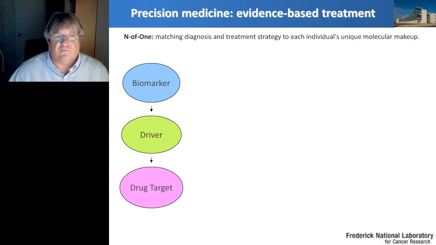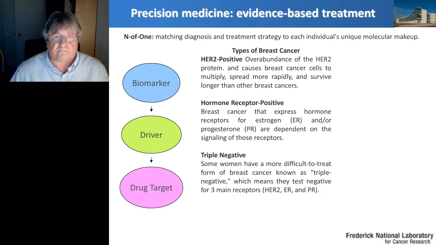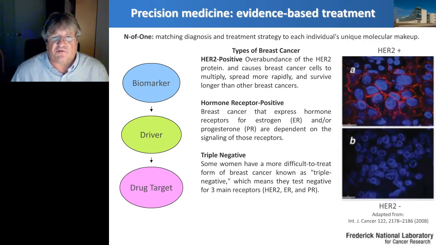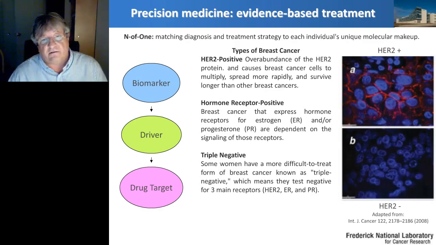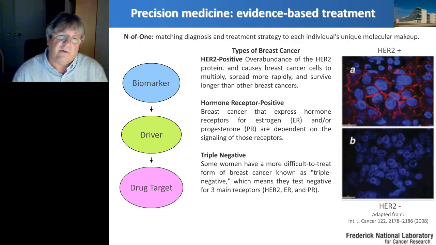One ideal scenario: if we take N of 1 as a single patient diagnosed with cancer, to match this diagnosis with its unique molecular makeup. An ideal situation would be if our biomarker is a driver of the pathological process and at the same time a drug target. In that case, the only cancer nowadays, fortunately or unfortunately, is really breast cancer, where we have 3 different molecular phenotypes.